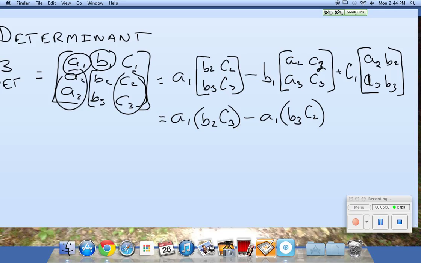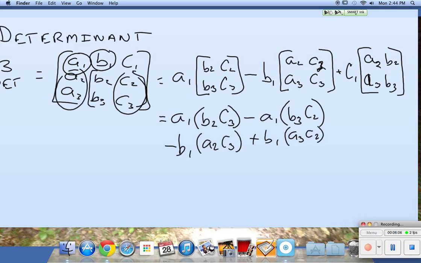And then we subtract out B1 times A2 C3. And we would subtract normally here, right? But we don't because we're going by a negative B1, so it would be a plus B1 times A3 C2. And then we go to our last one.